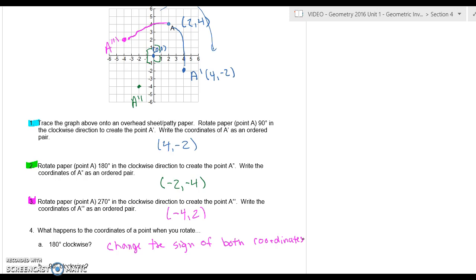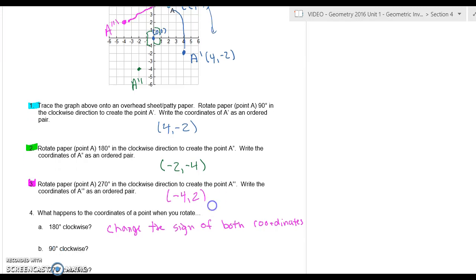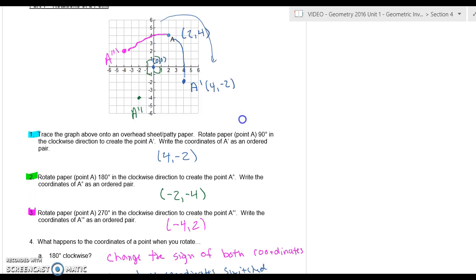All right, so the 90 degrees clockwise, this is the one where we switch here to get A prime. In this case, for A prime, we took the x and y coordinates and switched them. And here's where we have to be very careful because we don't want to make the conclusion, oh, well, the y-coordinate changed sign.